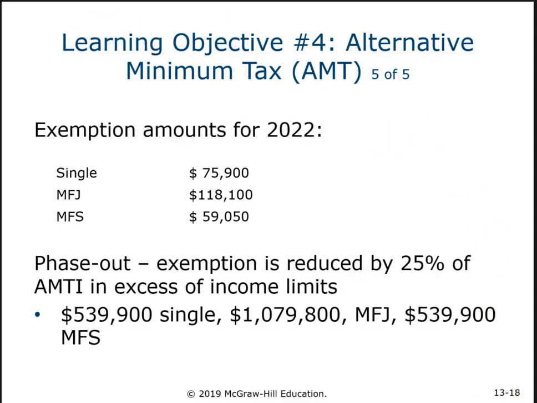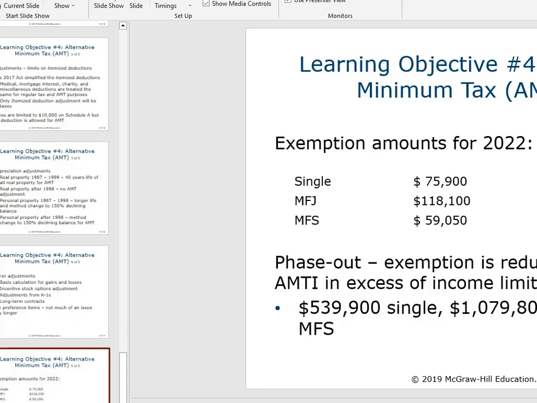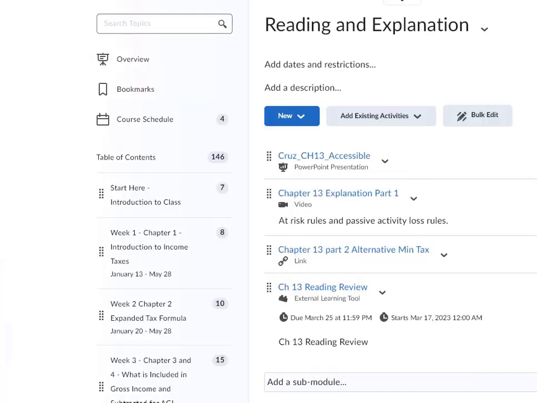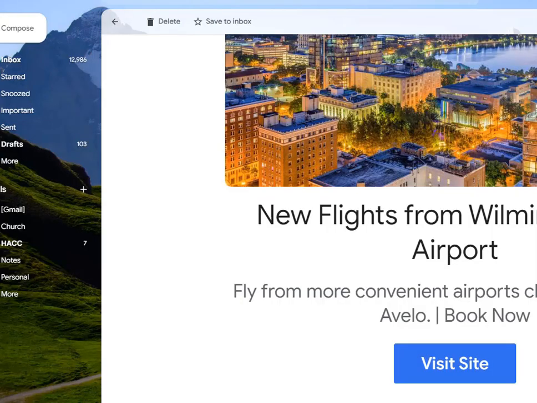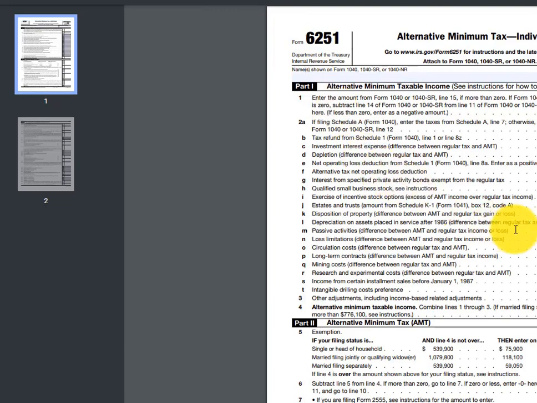So let's go quickly to how the form for the alternative minimum tax works. So this is a form you will fill out separately from your 1040.